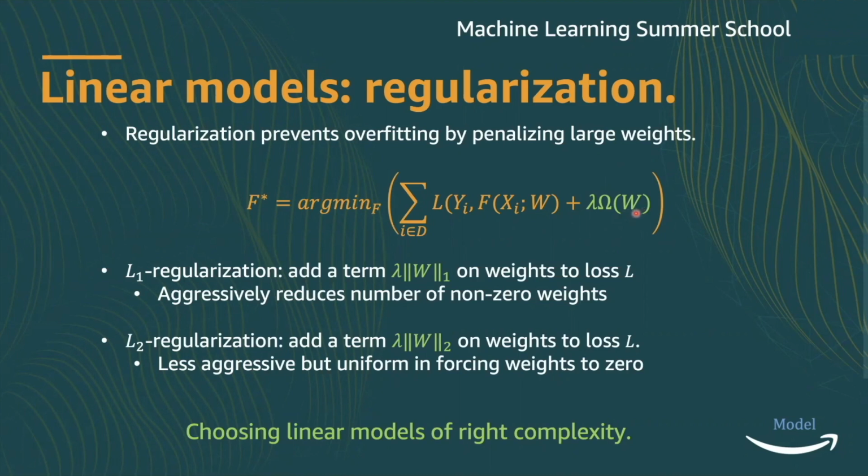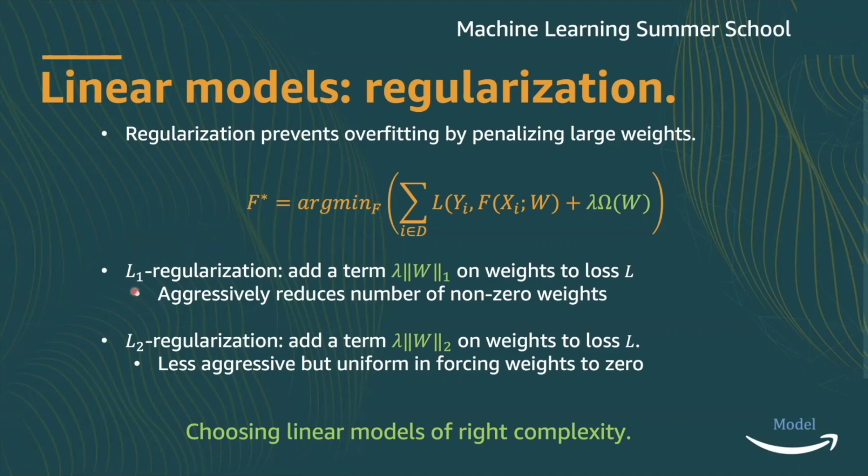Your model is parameterized by parameters W, and you would add a function of your parameters W as a penalty, with an additional parameter lambda that you control, to ensure your model has the right complexity.